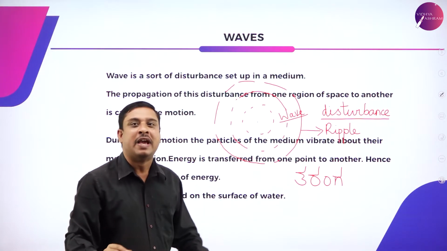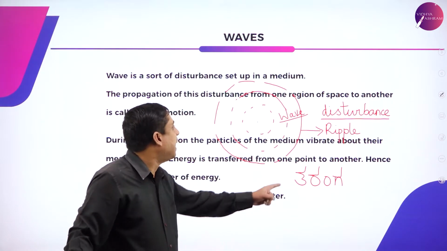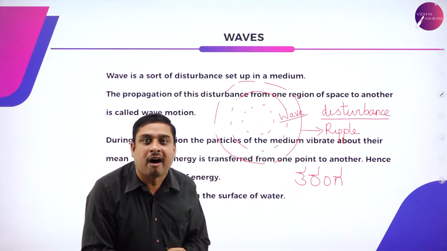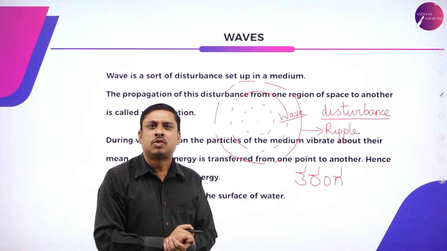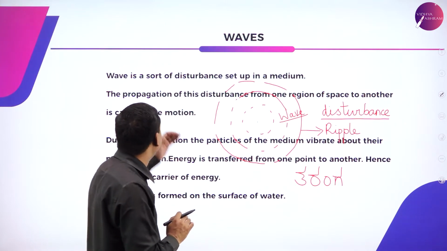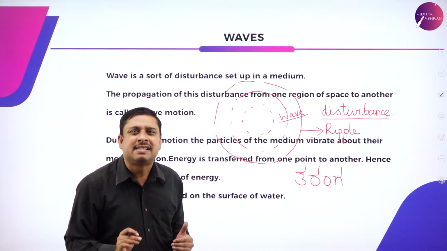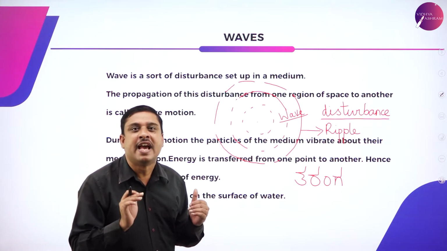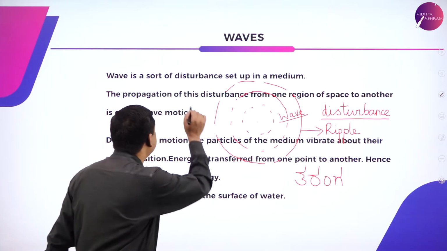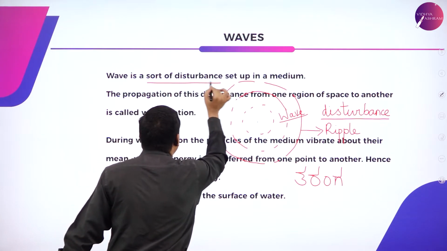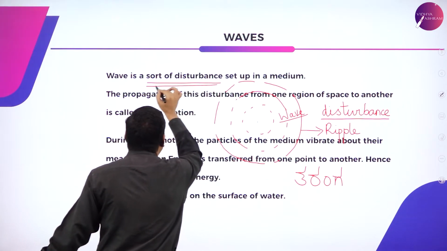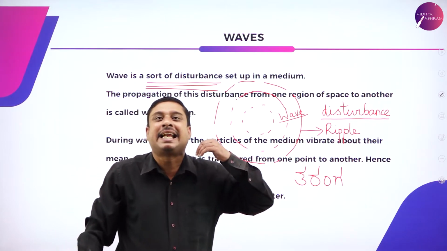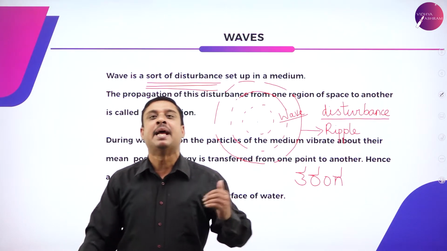In English we have wave, and in Kannada we call it taranga. So please understand, the basic definition of a wave is that it is a sort of disturbance that is created in a medium.